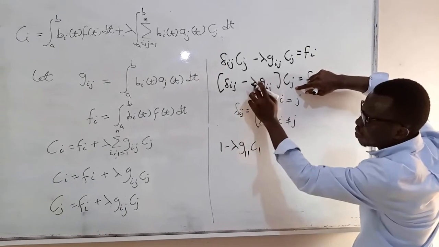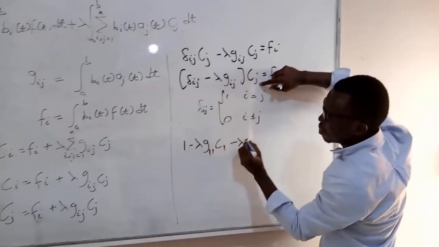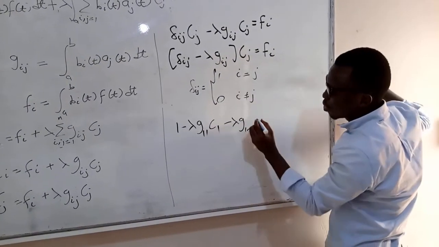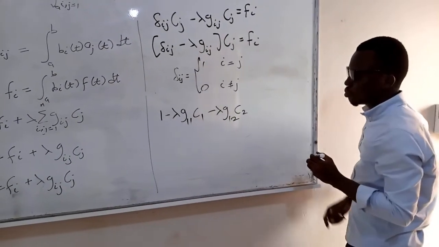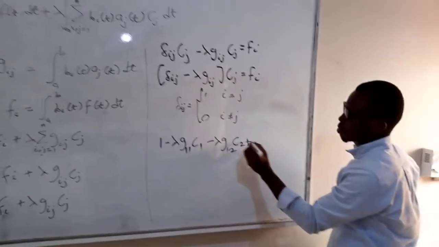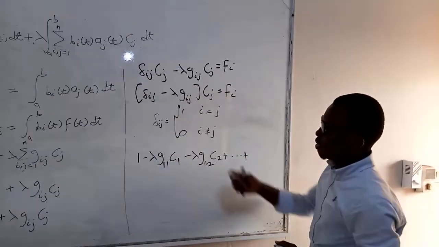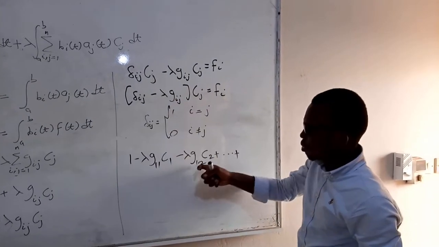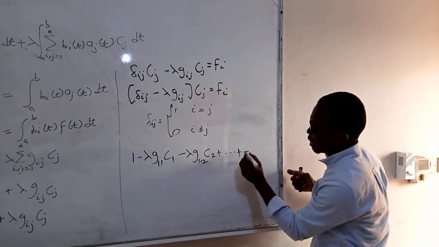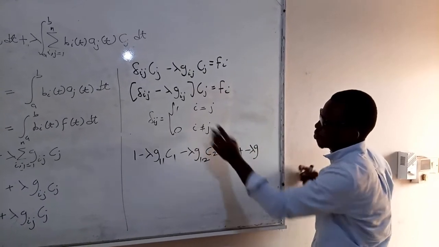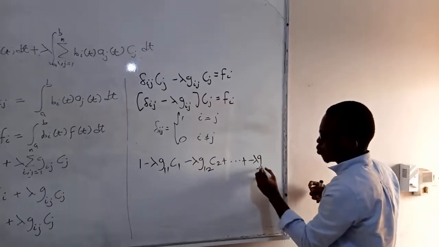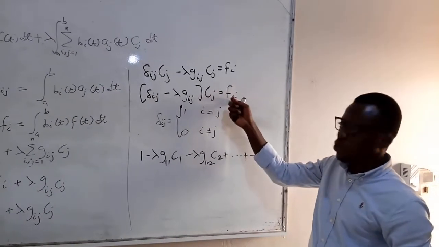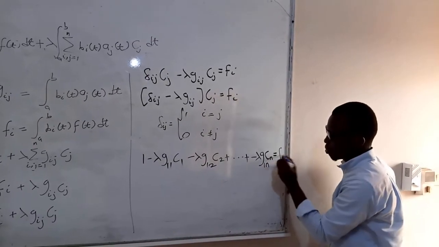So we're going to have minus lambda J12, then C2, plus dot dot dot, plus the nth term when j is n and i is still 1. So we are going to have minus lambda J1n, then Cn to be equal to, i is 1, so we're going to have f1.